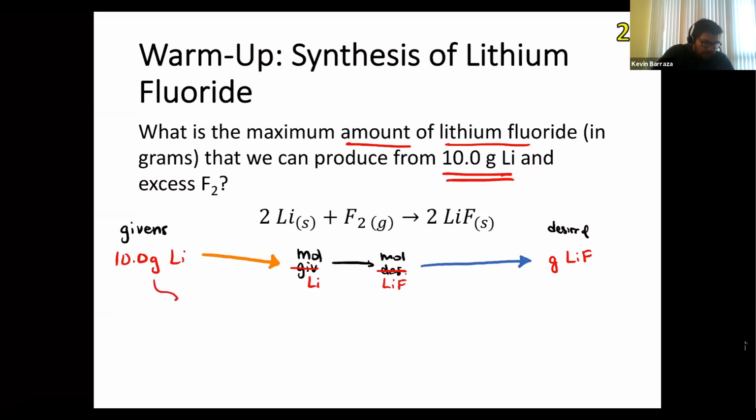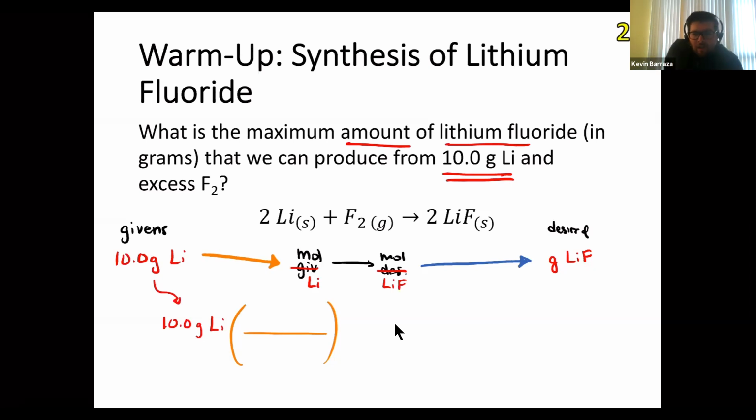Starting with, and again, I always start with, here we go, 10.0 grams of lithium, and there's going to be a necessary conversion. The conversion I need requires me to take grams to moles. Can I think of something that can do that for me? A number that can take grams of something to its moles of something. It's the molar mass again.